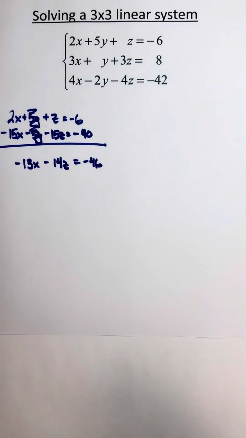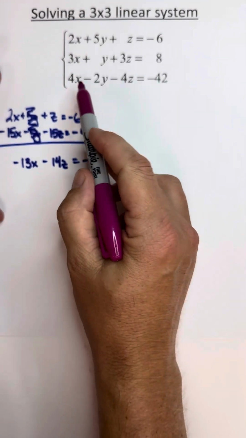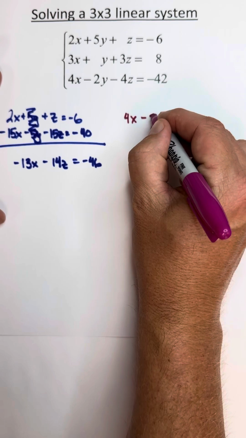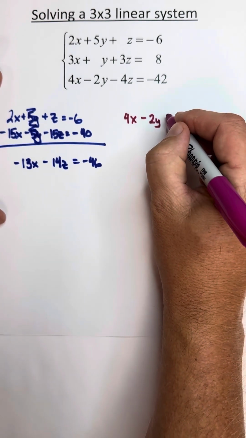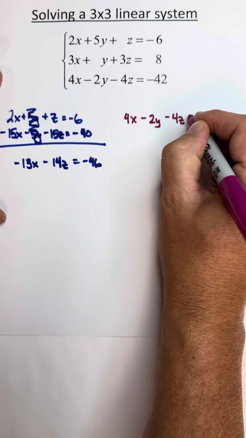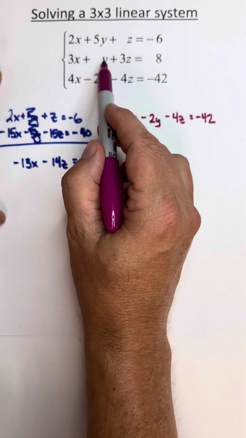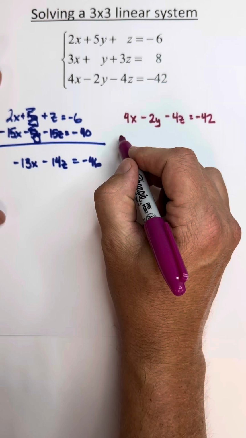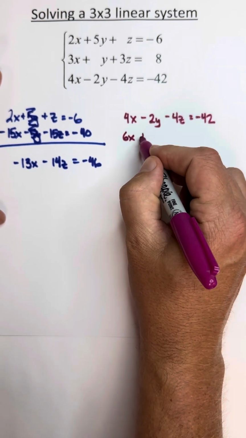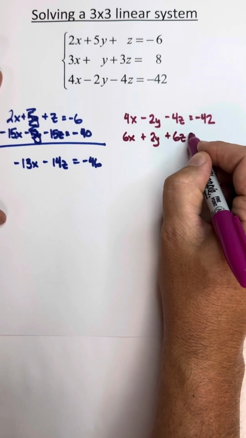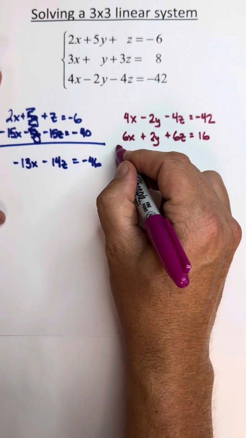Okay, now we've got to do that again, but with the bottom two equations. So here I'm going to keep the bottom equation just as it is. We're just going to write that one down, 4x minus 2y minus 4z equals -42. And I'm going to take this middle equation times 2, to make 6x plus 2y plus 6z equals 16.